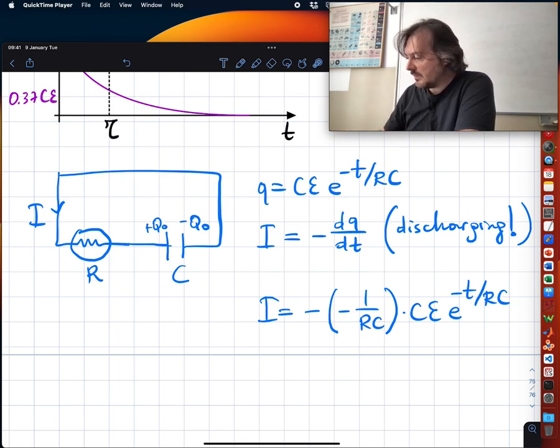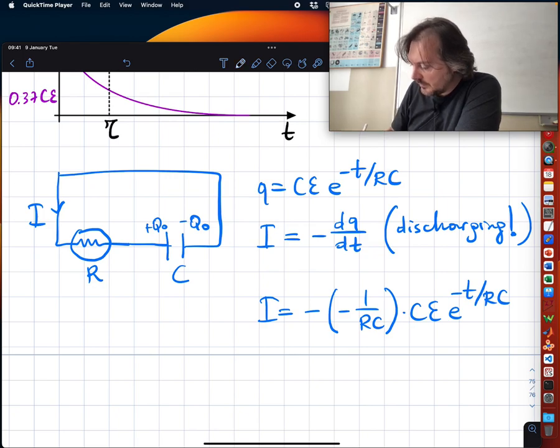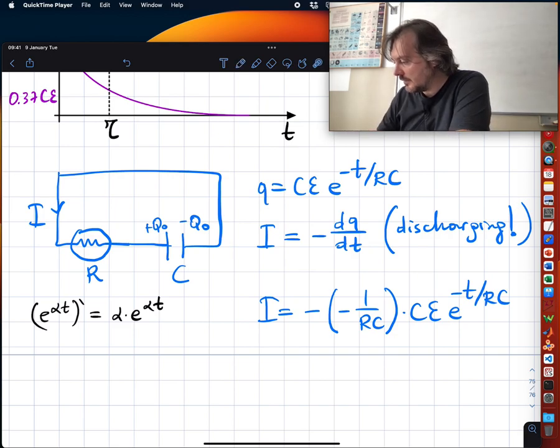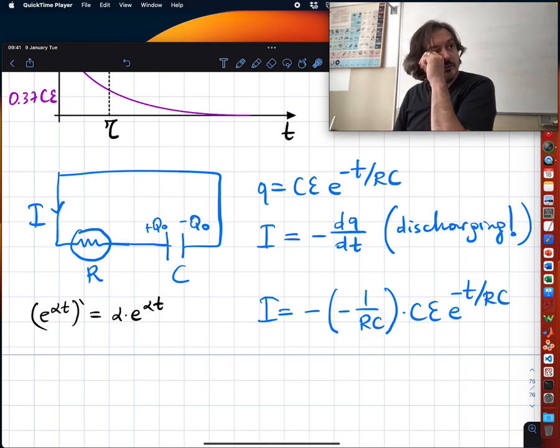You see, this is e to the alpha t, and alpha is negative 1 over RC, and I bring that alpha here. The derivative of e to the alpha t is alpha times e to the alpha t. In this particular case, my alpha is negative 1 over RC, and it comes in front.